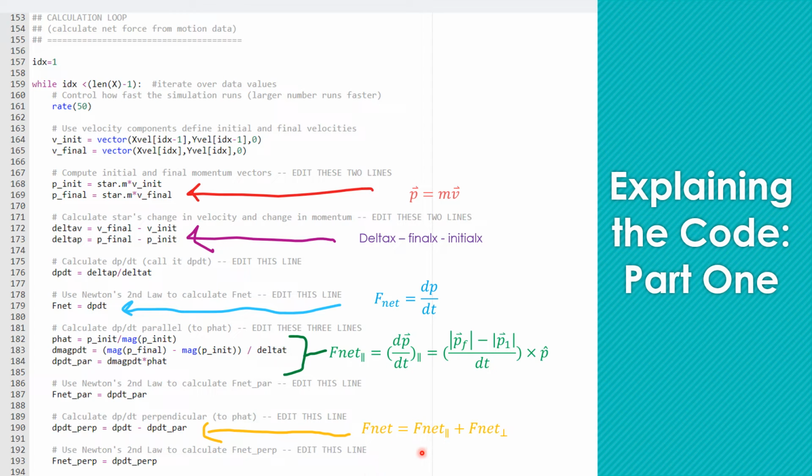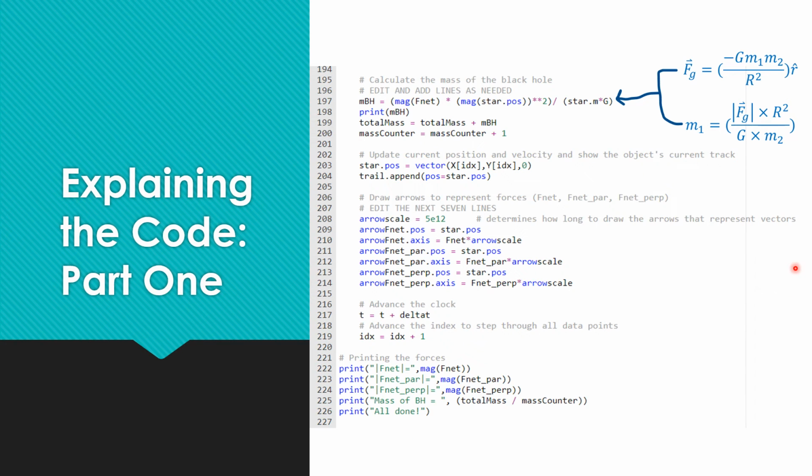And then because the parallel and the perpendicular components together give you the net force, you can also find the perpendicular component from this. I then rearranged the law of universal gravitation to find the mass of the black hole, as is shown here. And then mass is going to be a little bit different every time. So again, I am adding up the total mass here and have a mass counter so that I can find the average at the end.